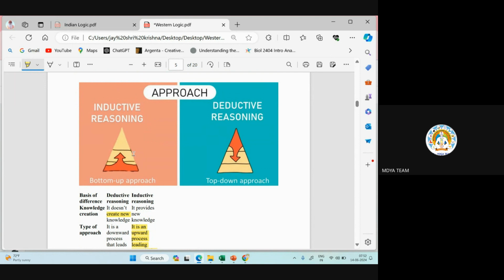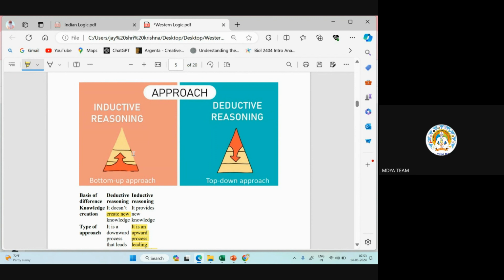Which reasoning will be fast, inductive reasoning or deductive reasoning? Deductive. Deductive reasoning will be fast. Why deductive reasoning? The premises are already general, already proved.